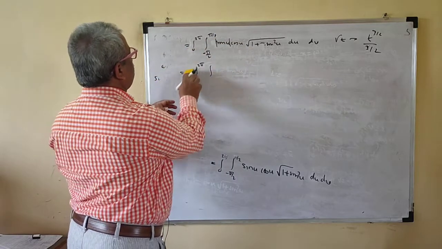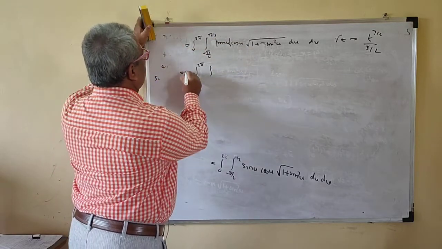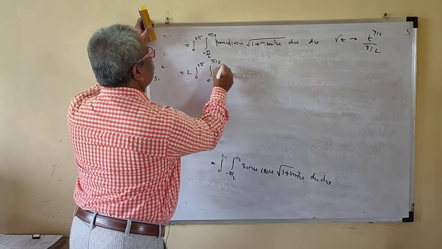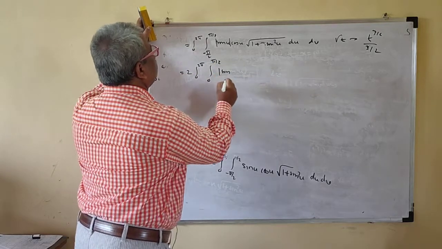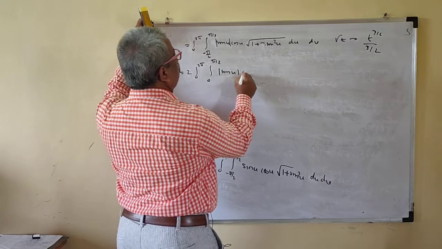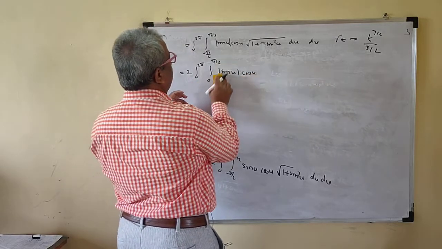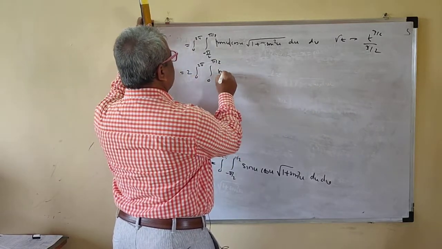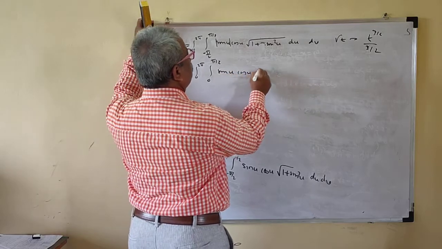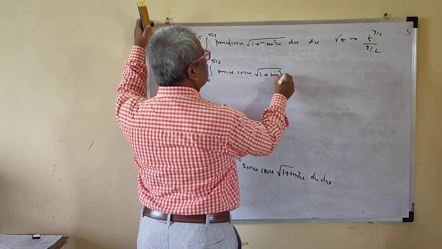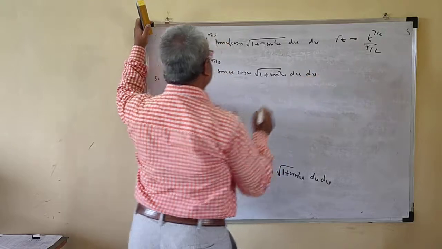So this is 2 times 0 to pi by 2, mod of sin u cos u. Now we are taking this positive, so we will remove the mod. This is sin u cos u root of 1 plus sin square u du dv.